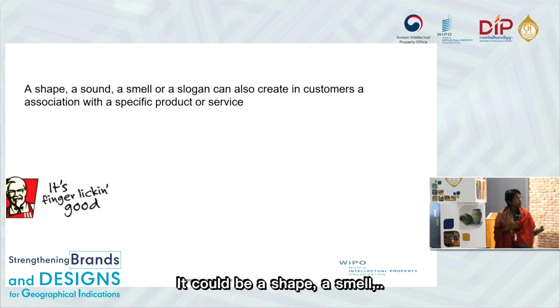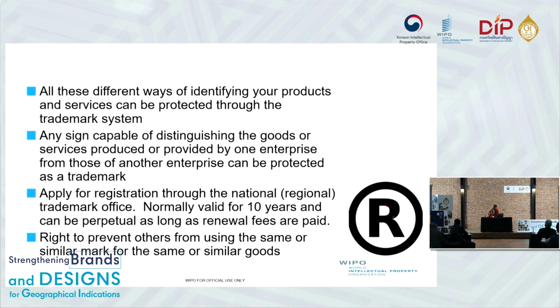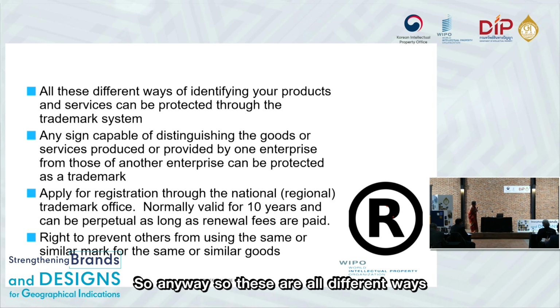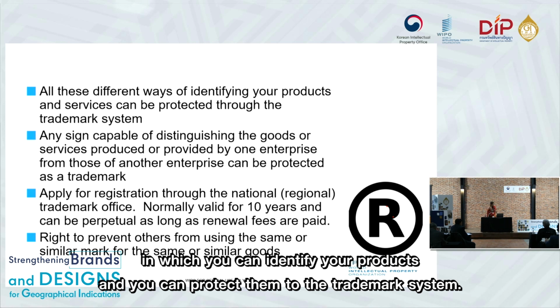It could be a shape, a smell. Sorry, it doesn't work. I had a sound mark there, but anyway, these are all different ways in which you can identify your products, and you can protect them through the trademark system.